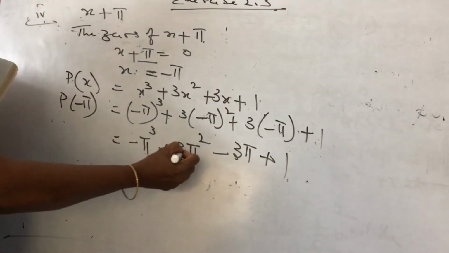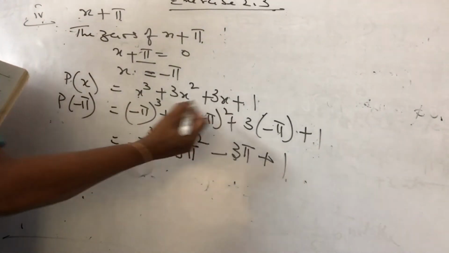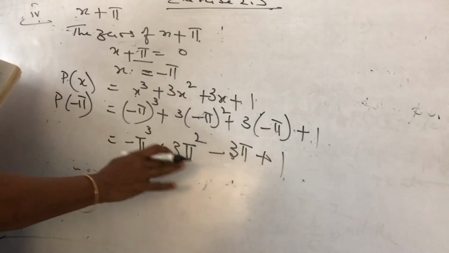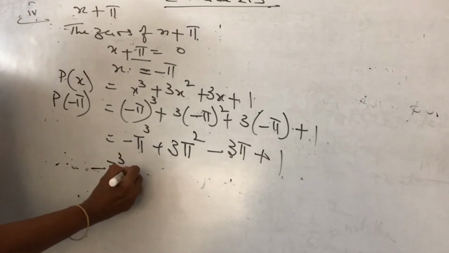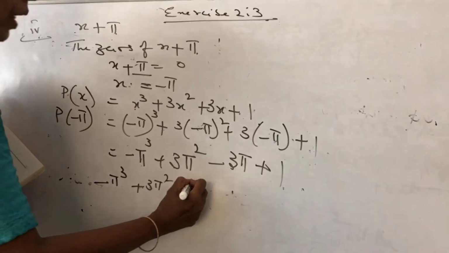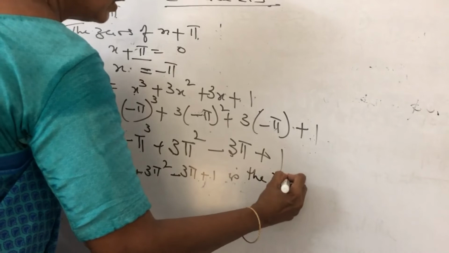All these are unlike terms. What terms, children? Unlike terms. For such kind of values, we cannot add. These are unlike. So what is your remainder now? Minus pi to the power of 3 plus 3 pi square minus 3 pi plus 1 is the remainder.